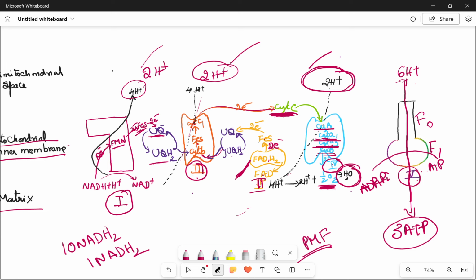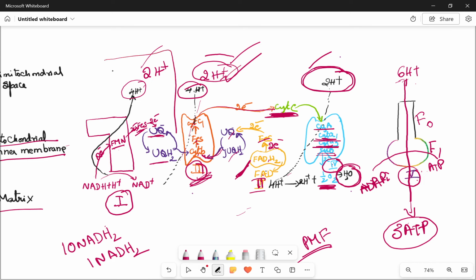Reduced ubiquinone is ubiquinol, and from ubiquinol these electrons are passed to the third complex: cytochrome B, FES, cytochrome C1, and then cytochrome C. During this process, 4 protons according to the diagram, and 2 protons according to the matter.